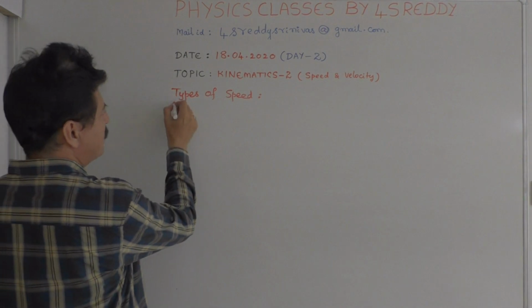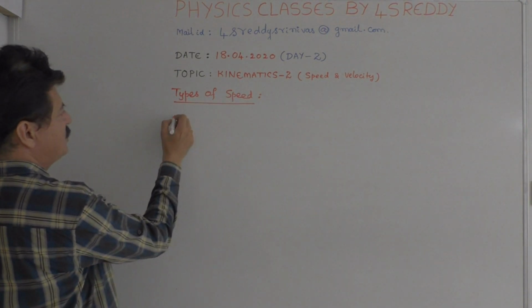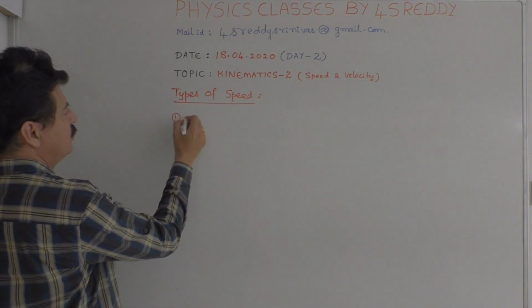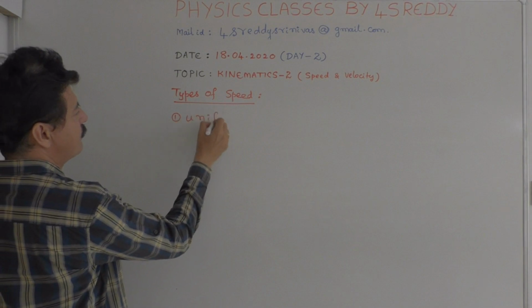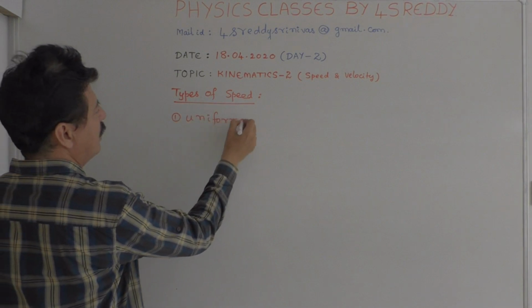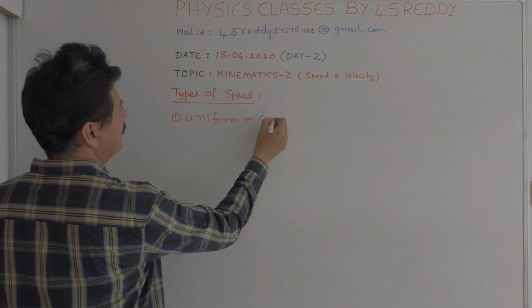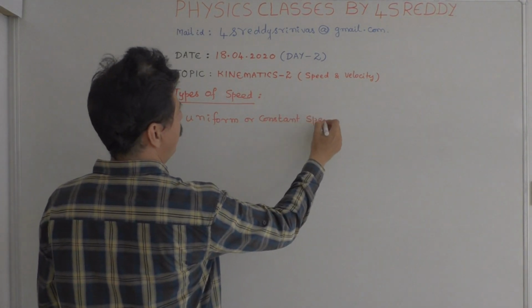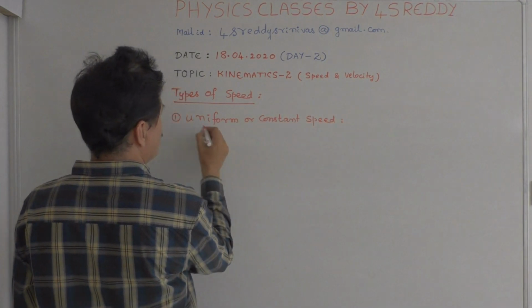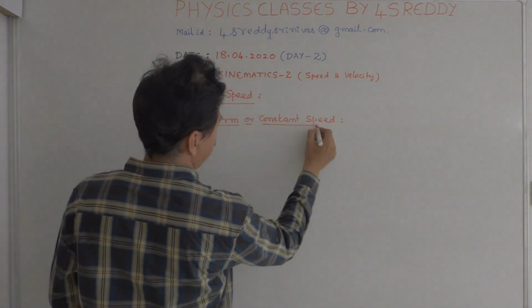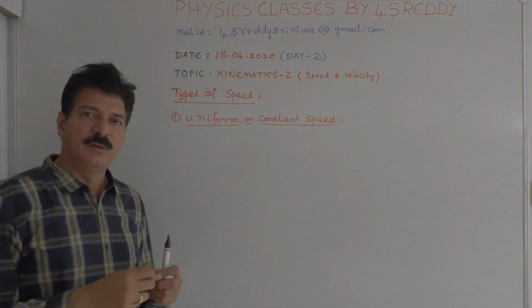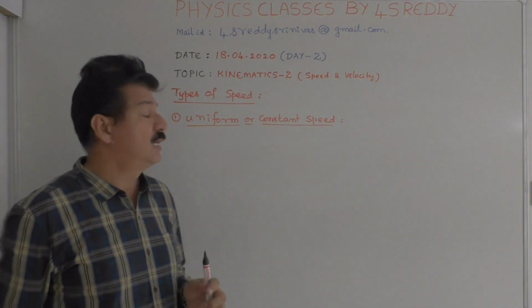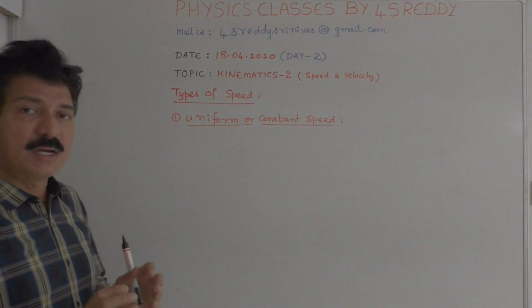The first one is uniform or constant speed.